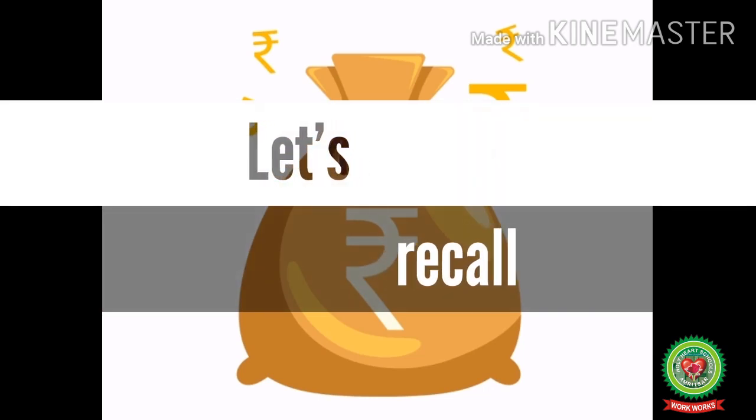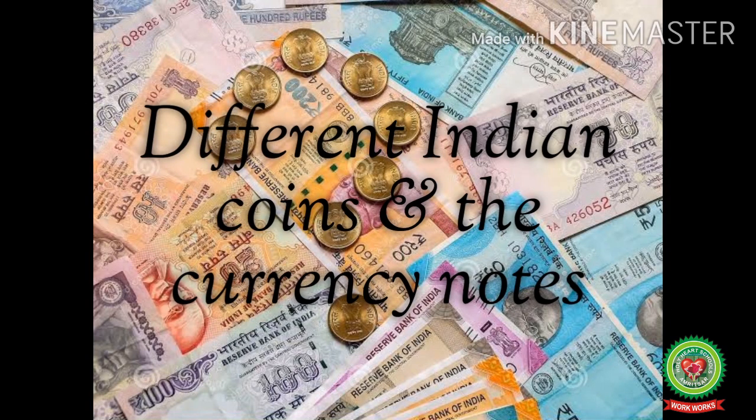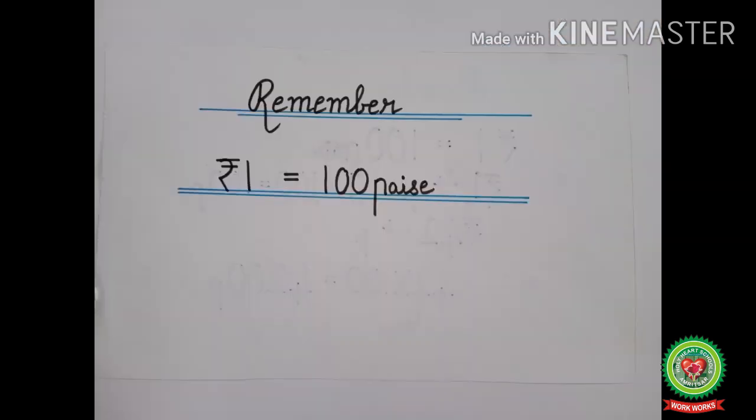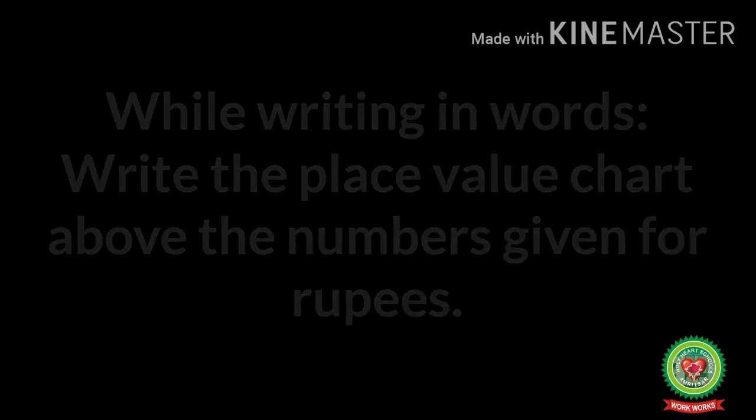So kids, let us see what we have learned today. First we learned about the different Indian coins and the currency notes. We also learned that rupee 1 is equal to 100 paise. That means 100 paise makes 1 rupee. While we are writing in words, step 1 is to write the place value chart above the numbers given for rupees.